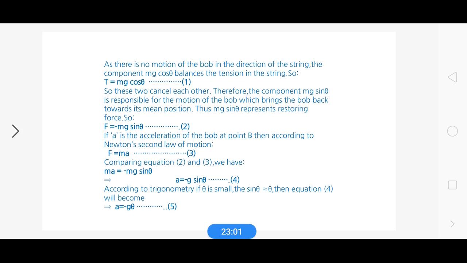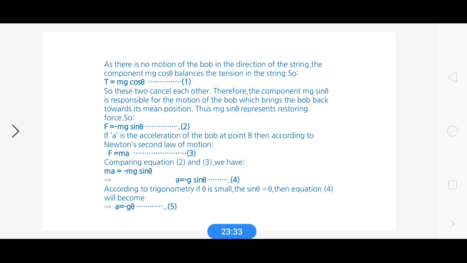What is the acceleration of the bob here? a is equal to g sin theta. I am just comparing these two equations: restoring force F is equal to mg sin theta, and force is equal to ma. So the acceleration is a is equal to g sin theta.